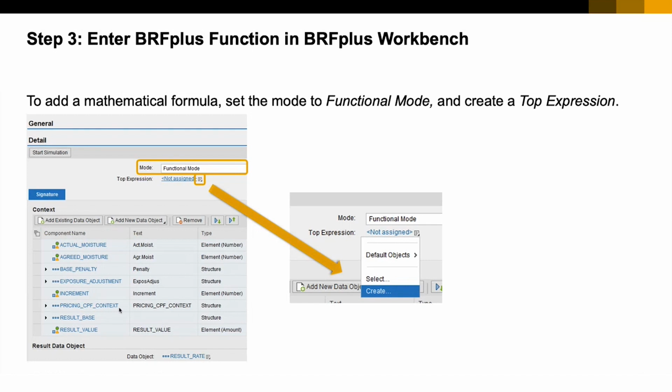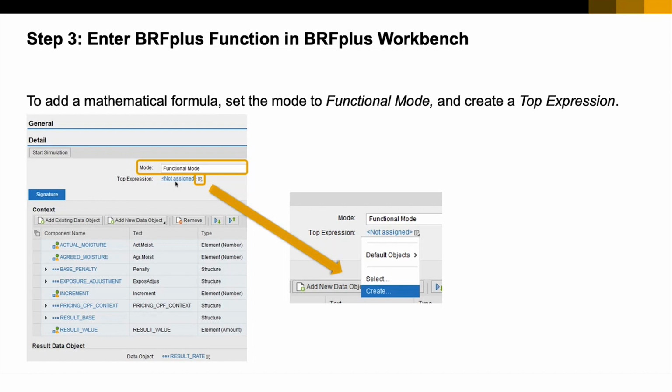Based on this, now what you do is select the function mode. If you have probably already worked on BRF Plus, this is not new or specifically designed for CPF. Here you would create a formula. It shows not assigned here because the actual formula is not created.